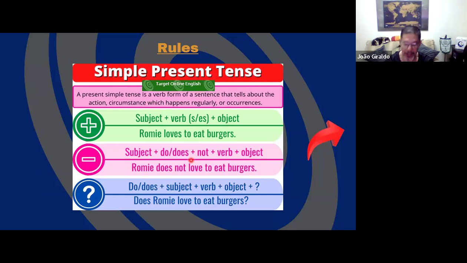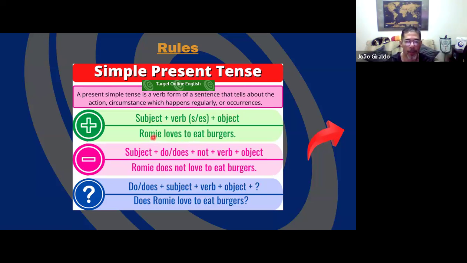Routines, habits, and frequent actions. Okay, follow the same logic. In affirmative, our structure is subject plus the verb with S, ES, or IES, okay, plus the object or the complement.